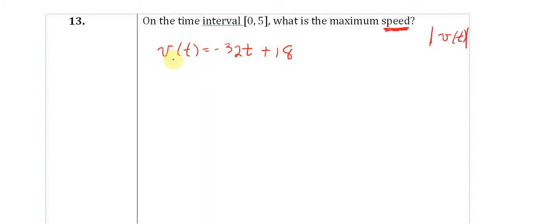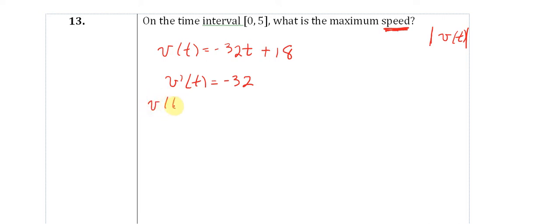So if we want to find the maximum of this, we take the derivative and we get negative 32, and we can set this equation equal to 0 to try and find what the local maximum really is. But you see that there is no value of t for which the derivative of velocity is equal to 0.